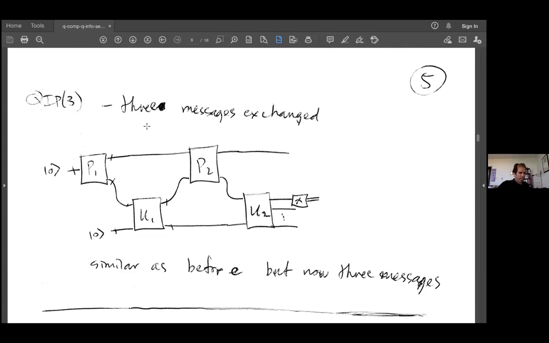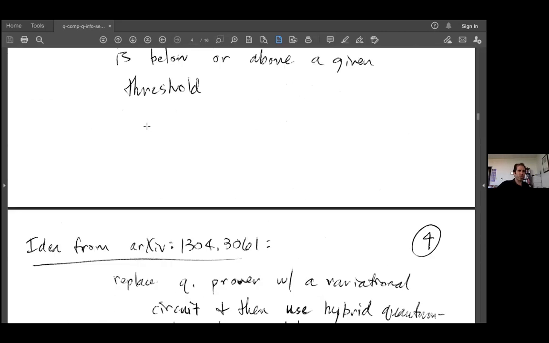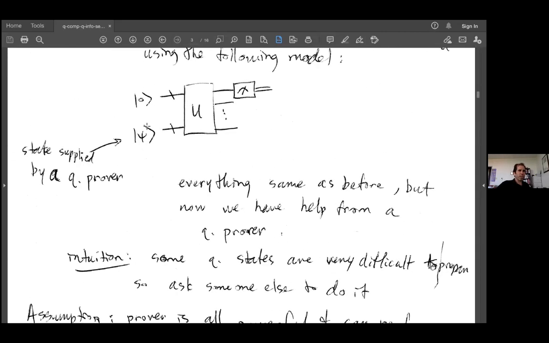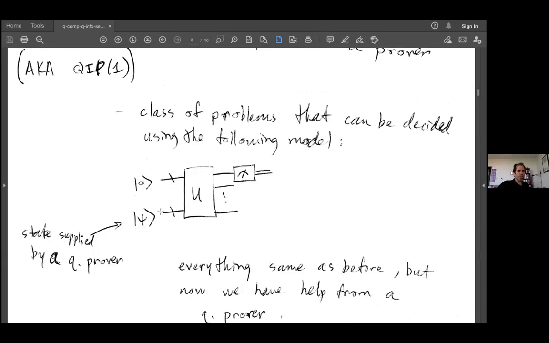So what is the idea of these models? That more interaction gives you more computational power. Okay. In QIP1, you can do everything you can do in BQP by, you just ignore what the prover sends and do the circuit, and then you realize BQP.